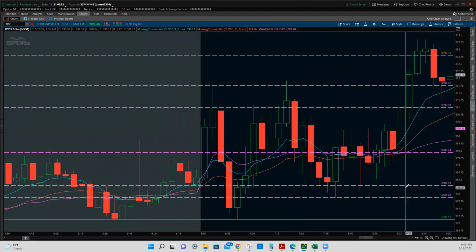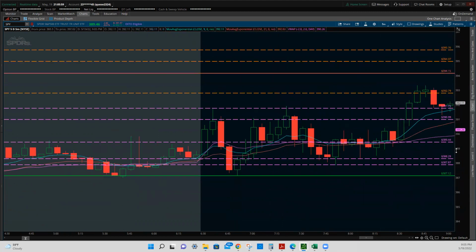So as you can see, everyone has different visual ways they like to see their charts. And for me, this is just how I like to look at my charts. I like to have multiple support and resistance levels. I like to have my indicators, and it takes away more of the guessing that happens when you're trading stocks, because basically now I'm going to start getting into my trading method.